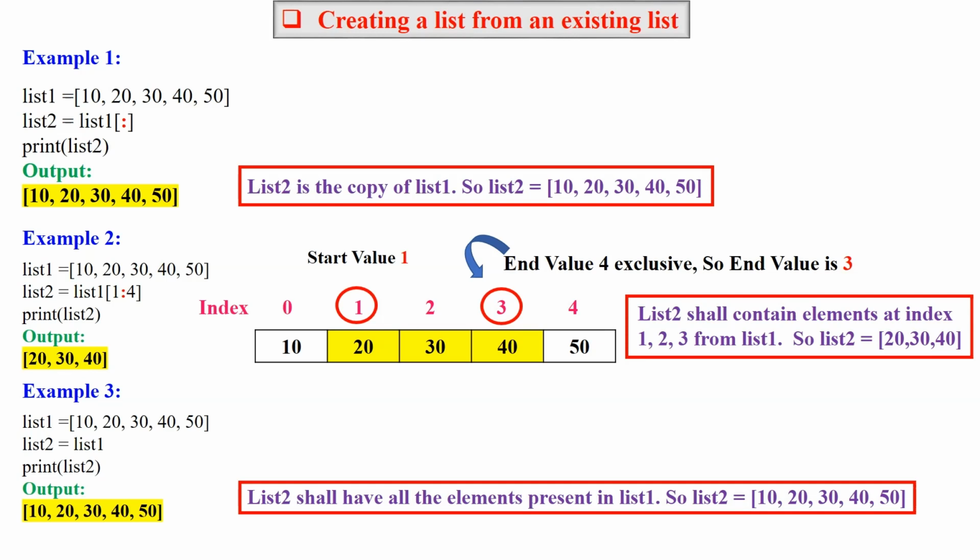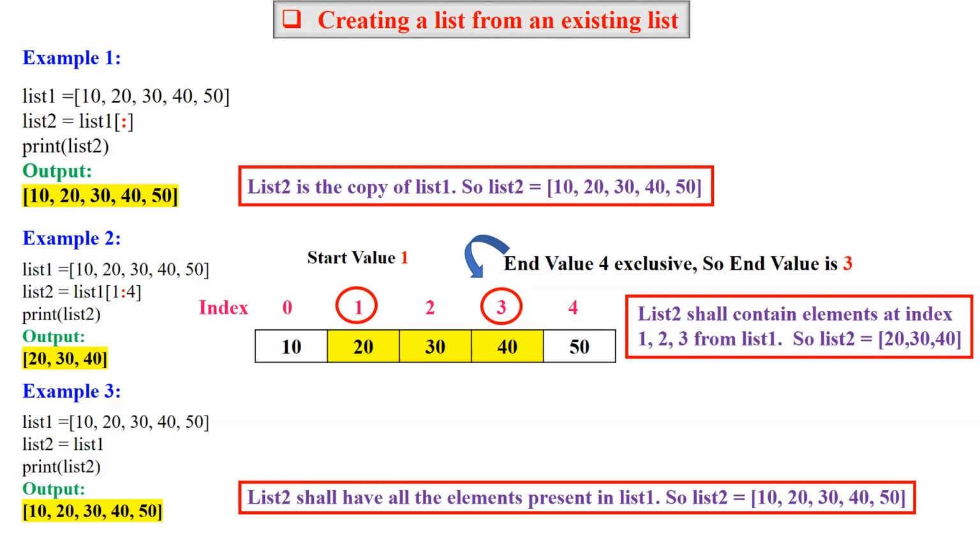The slice operator with no start or end indices creates a new list that contains all the elements from the original list. The resulting list is assigned to the variable list2. Finally, it prints the contents of list2. When executed, it will display 10, 20, 30, 40, 50 in the console. Since list2 is a copy of list1, it contains the same elements. Any modifications made to list2 will not affect list1, and vice versa.